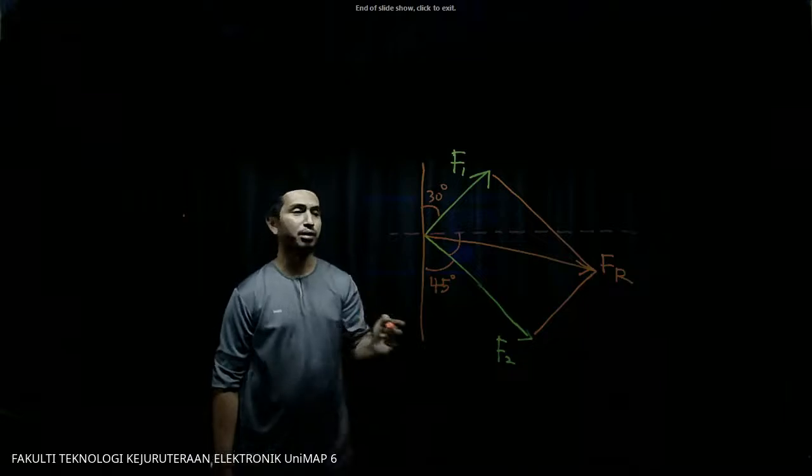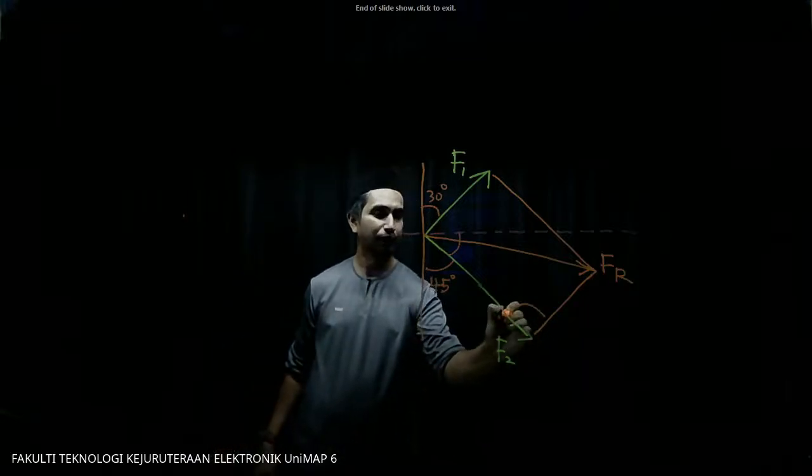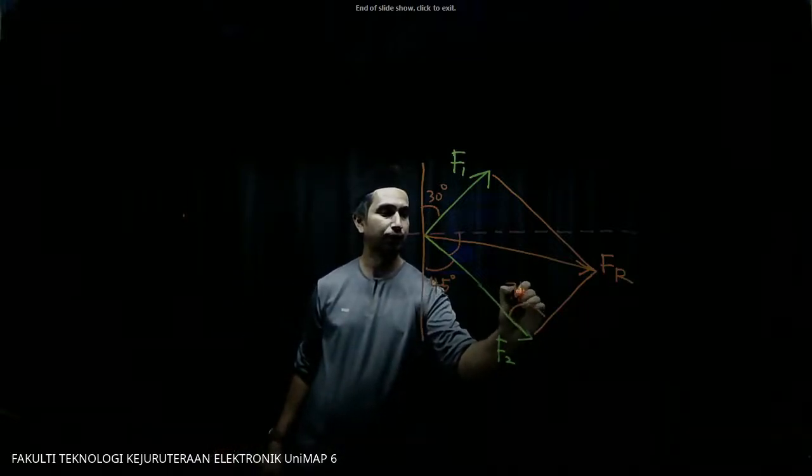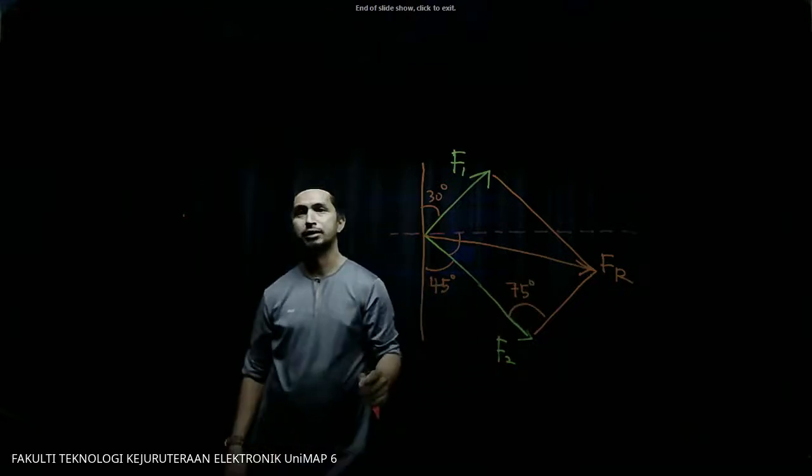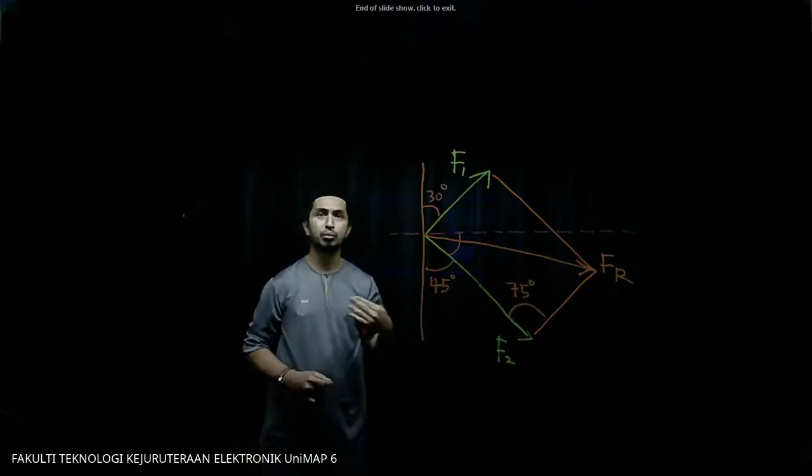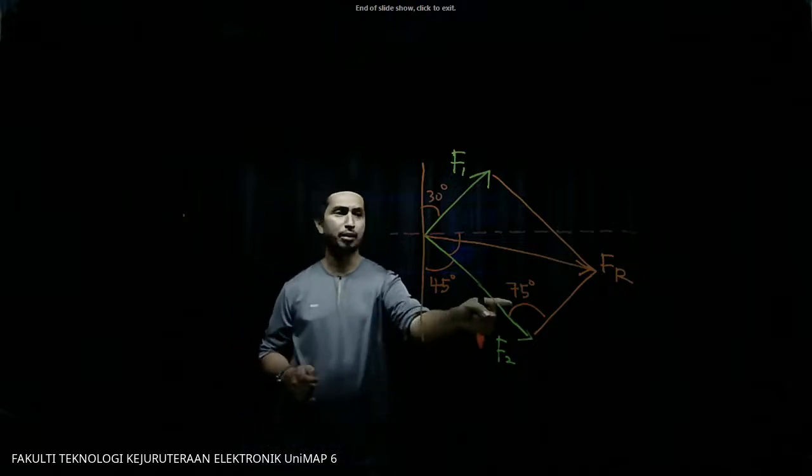So my question now, how do we get this angle 75? This is not given in the questions, but we need to find it on our own. So how do we get that one?